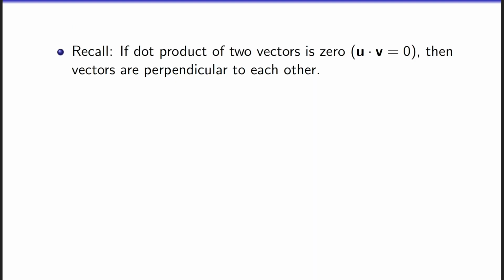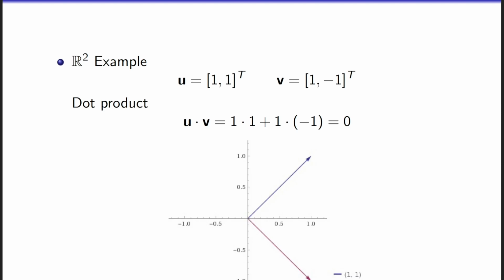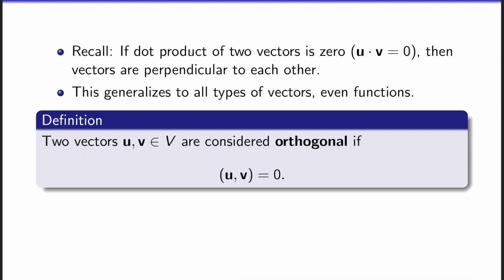Recall that if the dot product of two vectors in R2 or R3 is 0, then those vectors will be perpendicular to each other. Here we see an example of two vectors in R2. Their dot product can easily be calculated and shown to be 0, and we can plot them and see that they are in fact perpendicular. Well, while the geometric idea of perpendicular does not really extend to other vector spaces, especially if we're talking about function spaces, many of the algebraic properties of perpendicular vectors do.